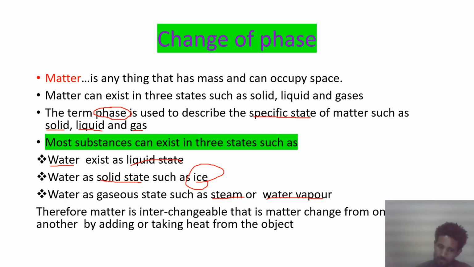Even if you take water as a solid such as ice, the ice melts at 0 degrees Celsius. Therefore ice is considered a solid and it can be changed to liquid. So finally we can say that matter is interchangeable.